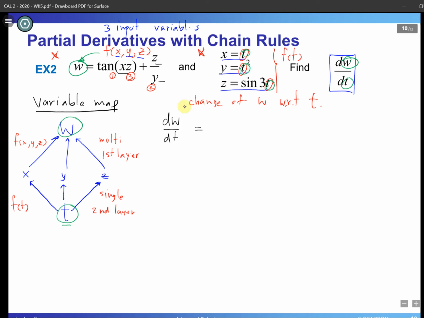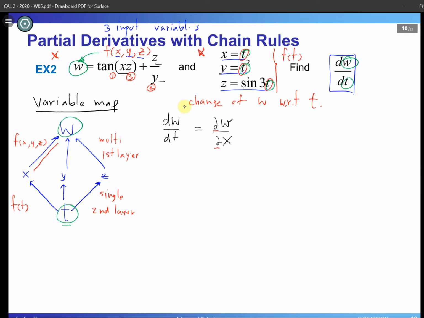I am going to find the change of W with respect to X. So the change of W with respect to X is going to be dW with respect to X. I am using a partial derivative right here because W is a multi-variable function, so it has to be partial diff.